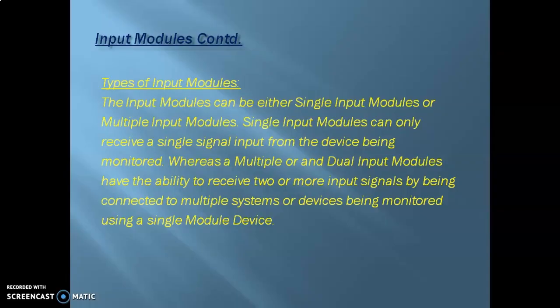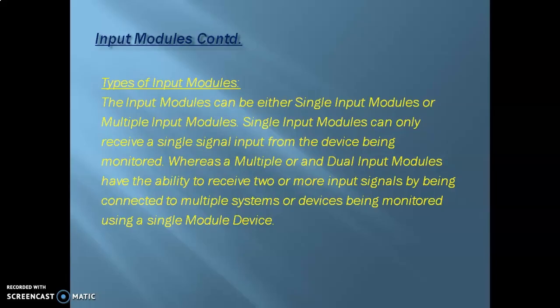Whereas multiple or dual input modules have the ability to receive two or more input signals by being connected to multiple systems or devices being monitored via multiple sets of contacts using just one single module device itself.